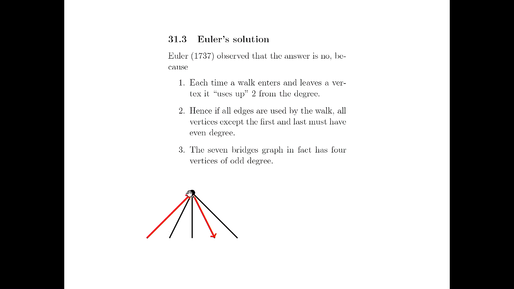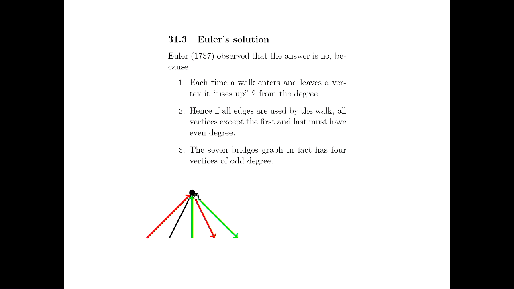So maybe we walk in here and then we walk out here, and then if we're trying to use up all of the edges, we're going to have to walk into it and walk out of it again. But now we're stuffed, because we can walk into it, but we can't walk out of it now.